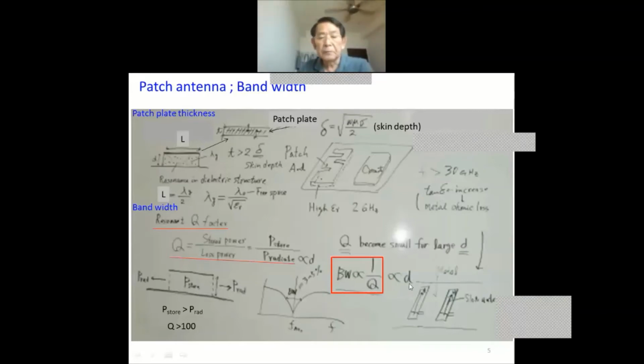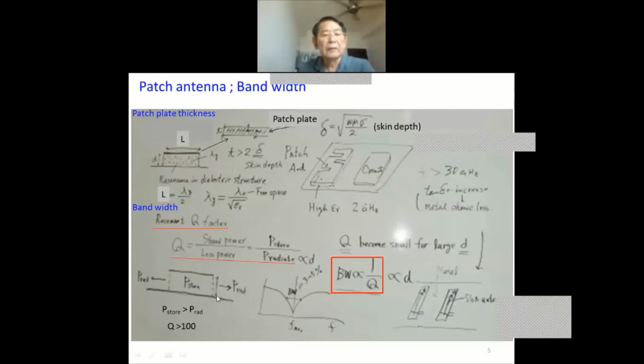So Q becomes higher. The distance between the patch and the ground plane becomes smaller, then high Q, so low bandwidth.